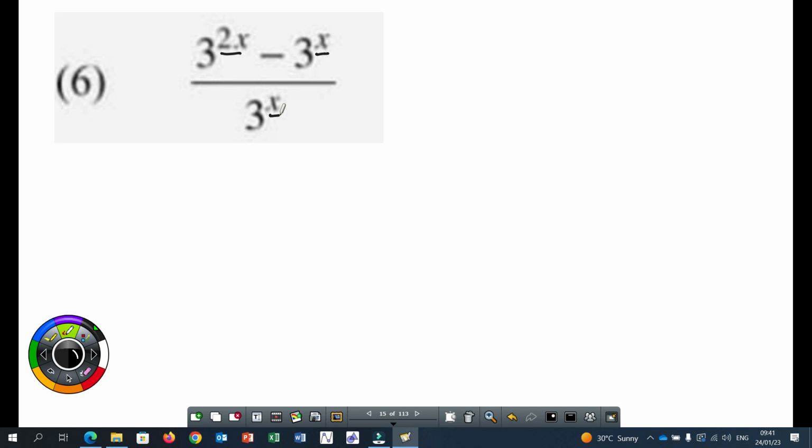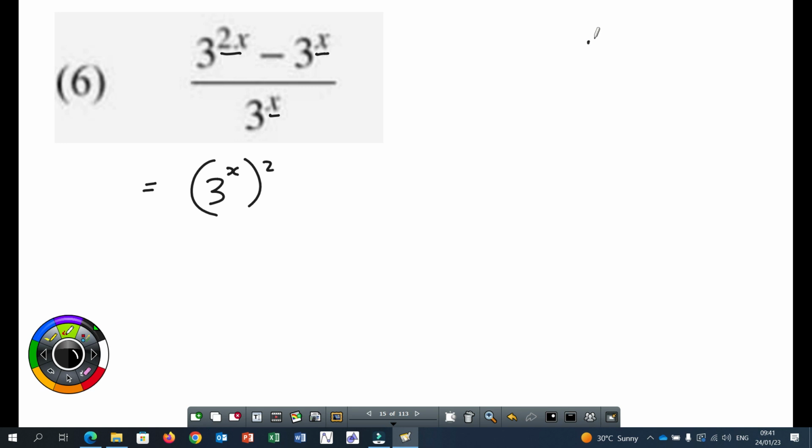So how can I make the exponents equal? It means that the first term, which is 3 to the power of 2x, I can write it as 3 to the power of x all squared. Please be aware, and I have your attention, please pay attention carefully.